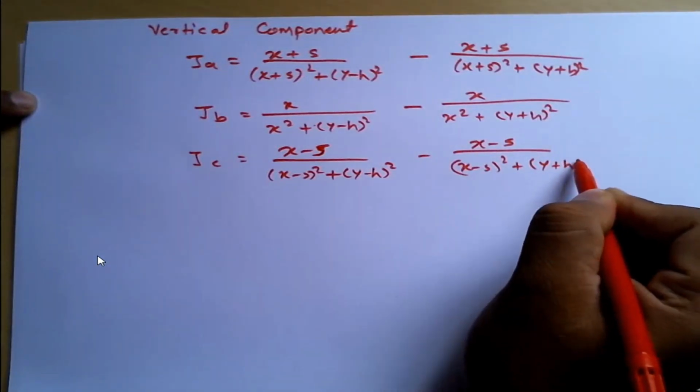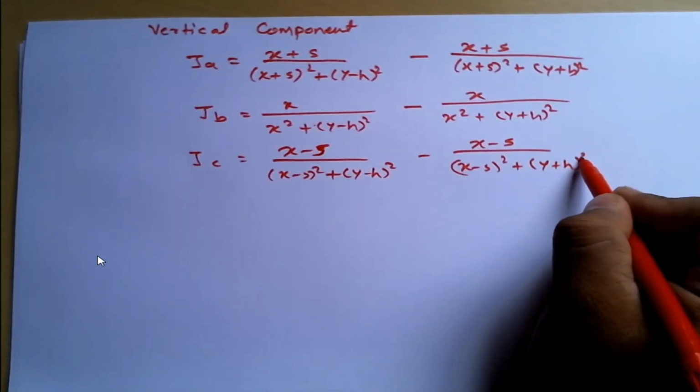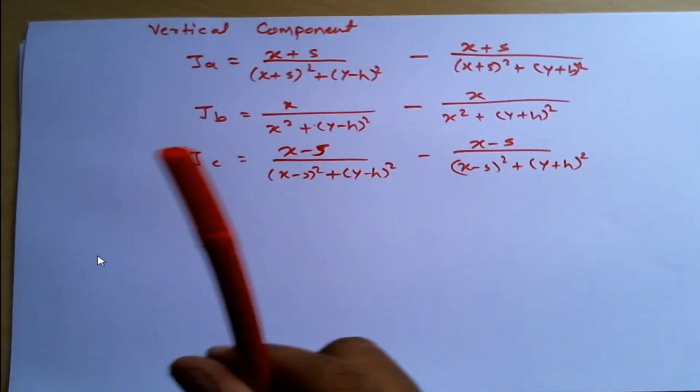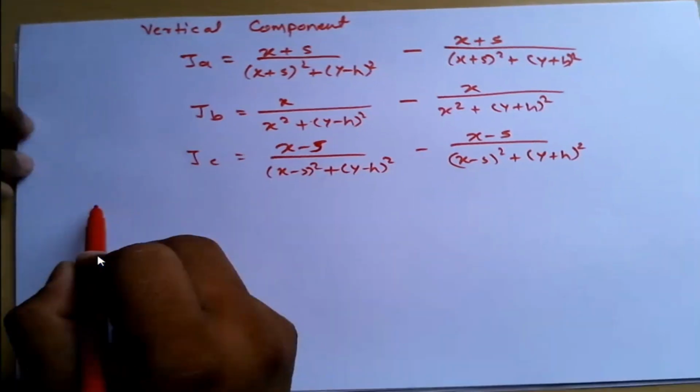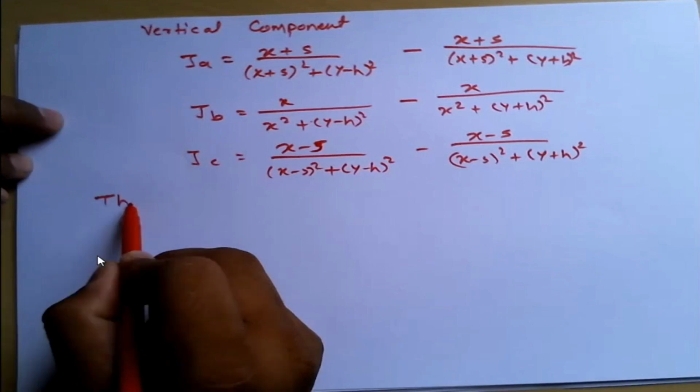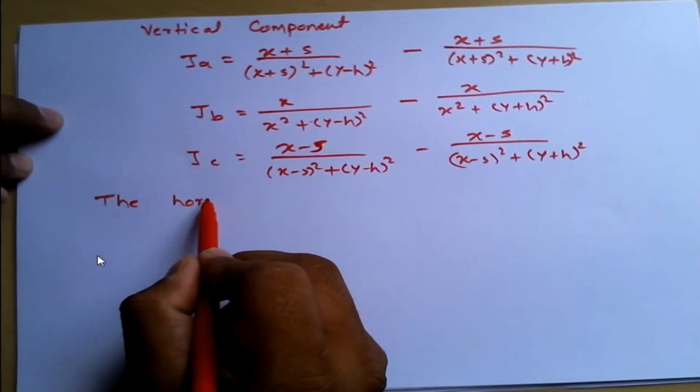So these are the values of Ka, Kb, Kc and Ja, Jb, Jc. If I'm going to consider this value, the horizontal component will be, that is the horizontal component of magnetic field.